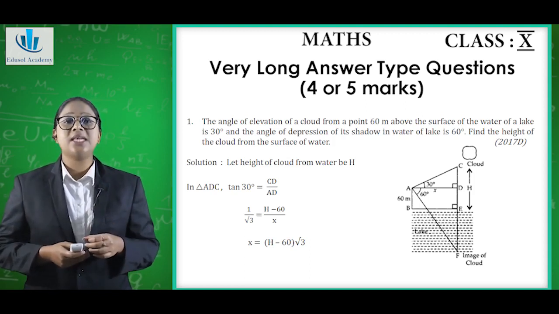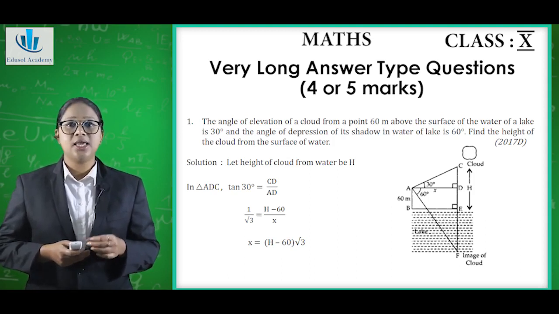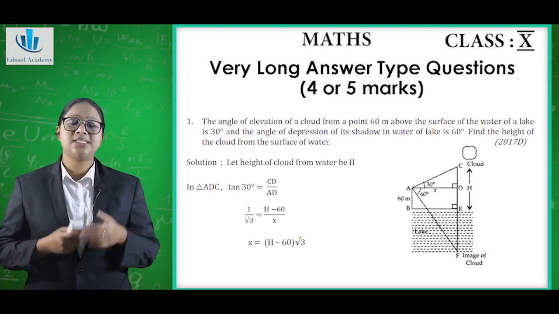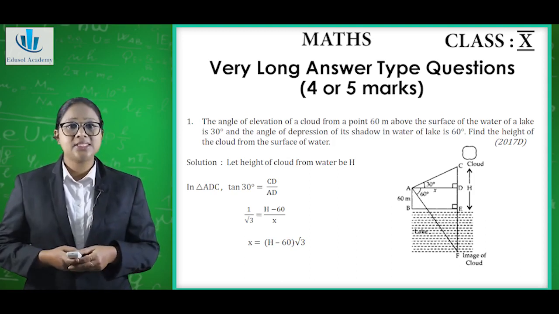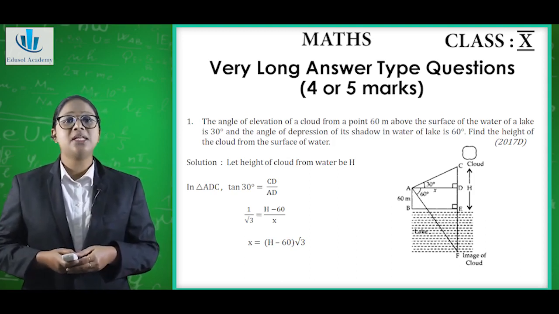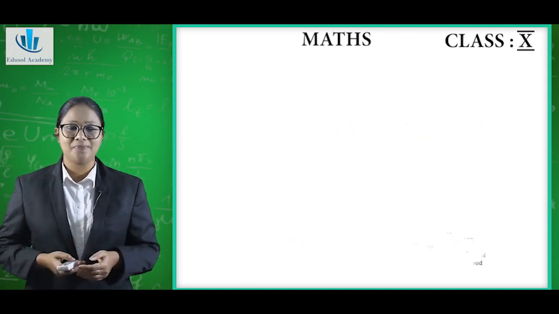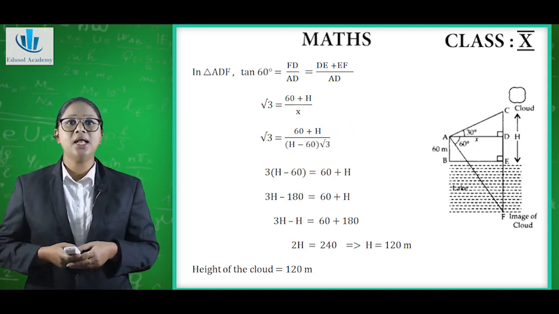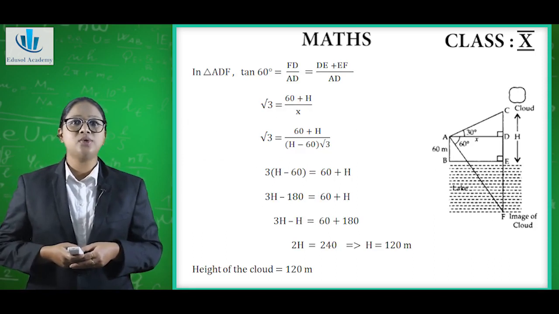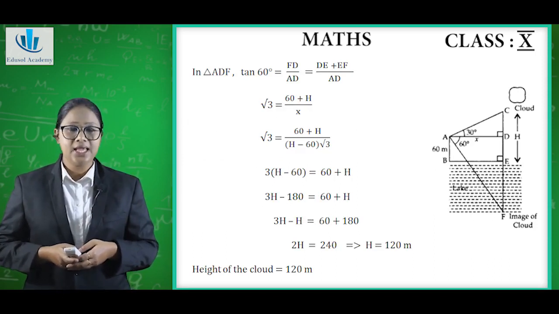CD can be written as h minus 60 by, we are taking the distance AD as x. So we will get x is equal to h minus 60 into root 3. Now in the next triangle, tan 60 is equal to FD by AD.